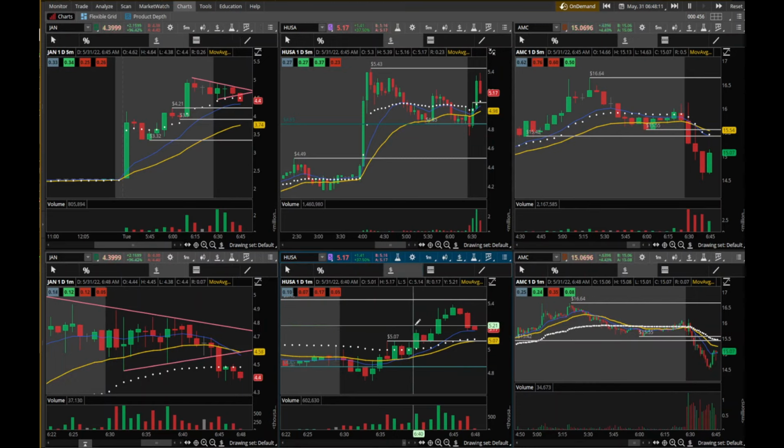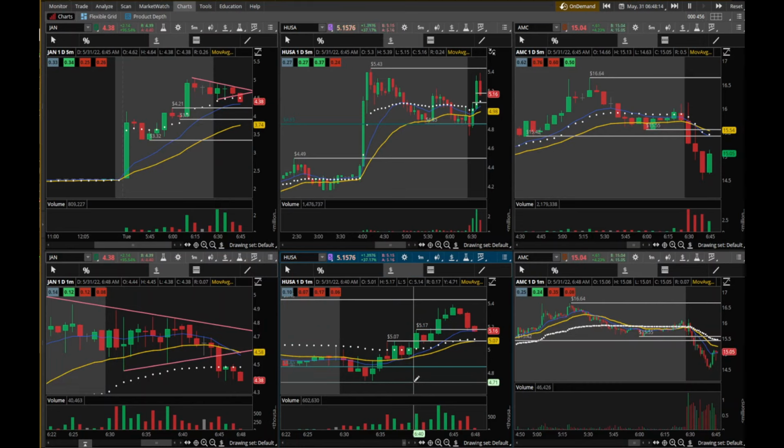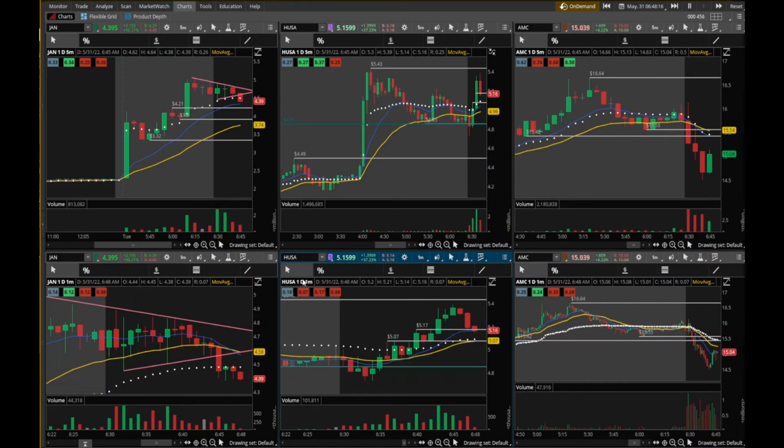It looks like right now, oftentimes the most respected areas are the most recent ones, which are these here. Especially if you're playing on that particular time frame. I could buy this right here. I could.